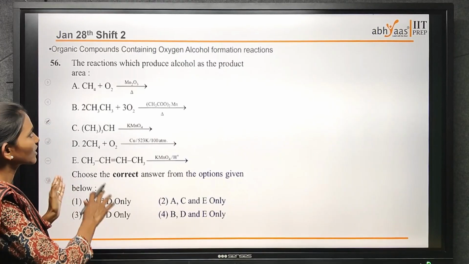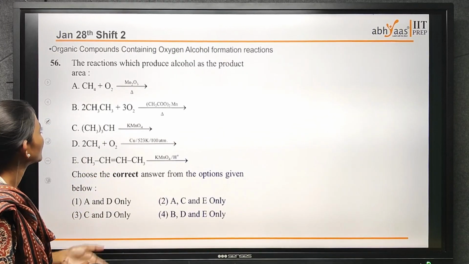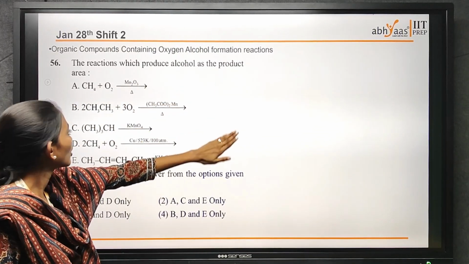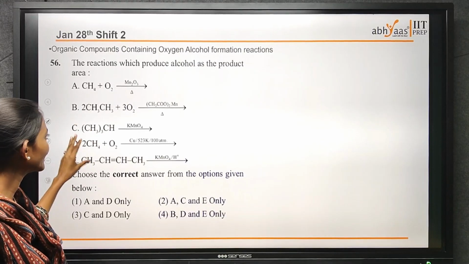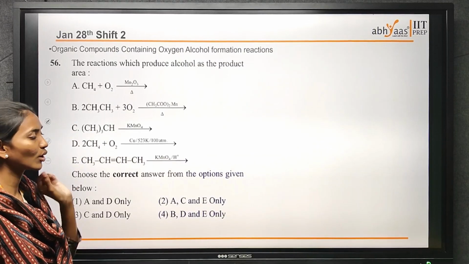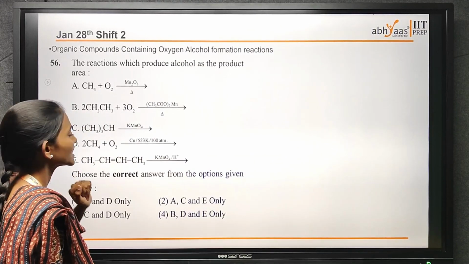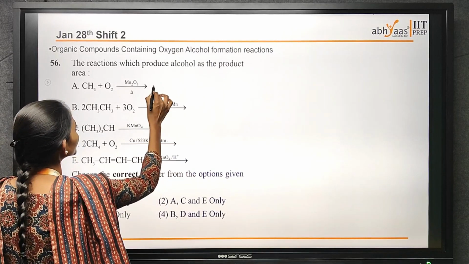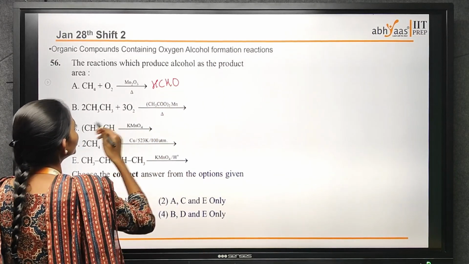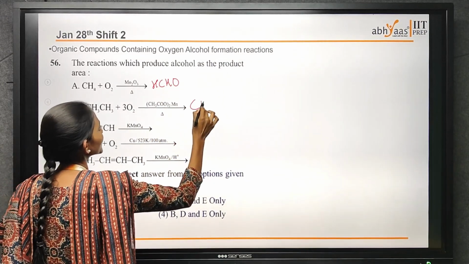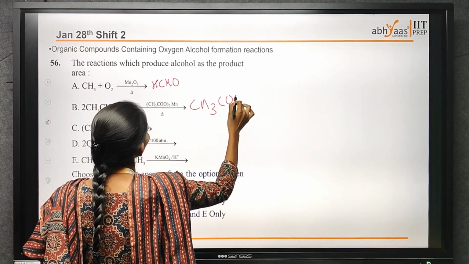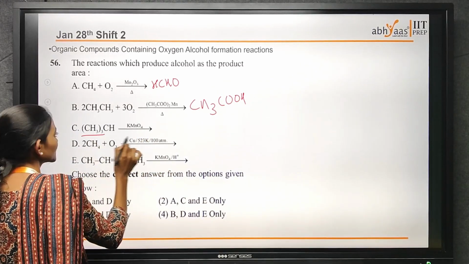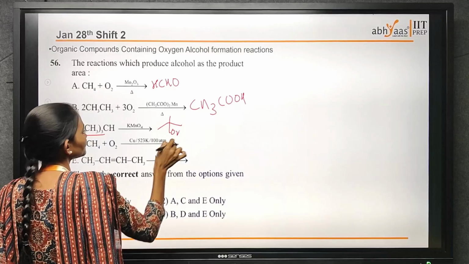This question is from organic compounds containing oxygen. If you see the reactions which produce alcohol as the product, we need to find in the given couple of reactions where alcohol is getting or not. If you see here, you are getting what? Aldehyde, right? So here you are getting carboxylic acid. CH3COH. CH3CH means you are getting tertiary alcohol.